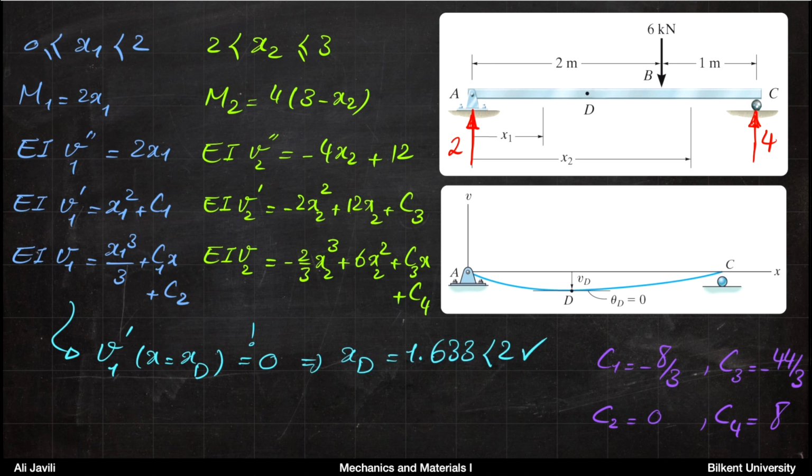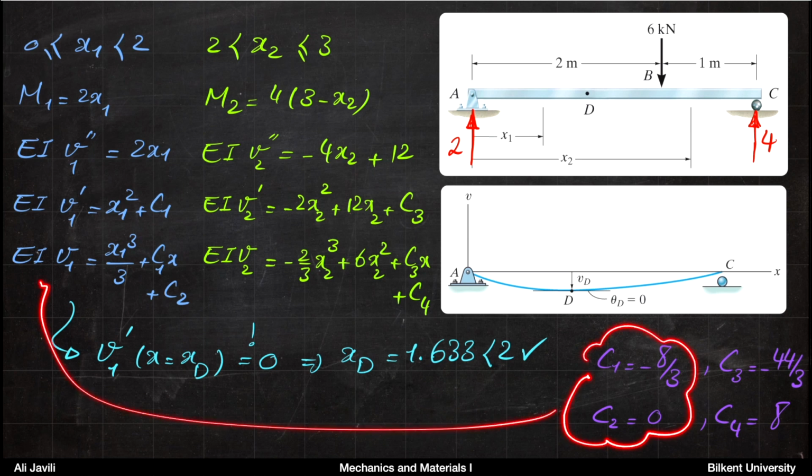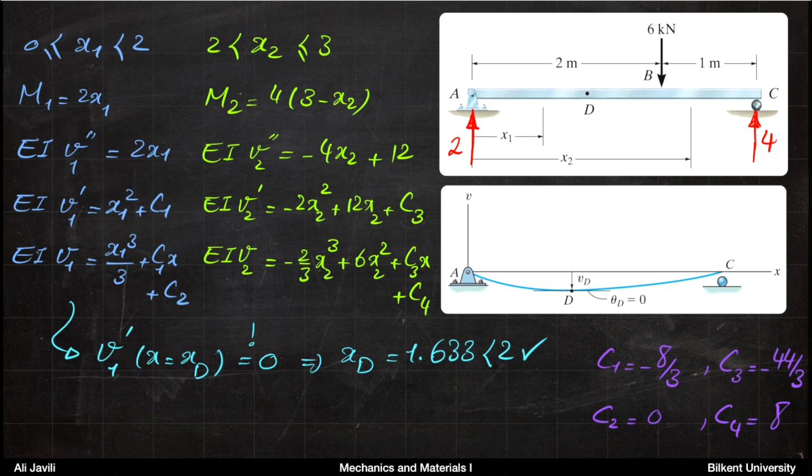We do that, and then again, using the constants C1 and C2 in the function, we can calculate xd, which turns out to be 1.633, and that is less than 2, so this is okay. So point D, indeed, our intuition that the maximum deflection should occur in the left part is correct.